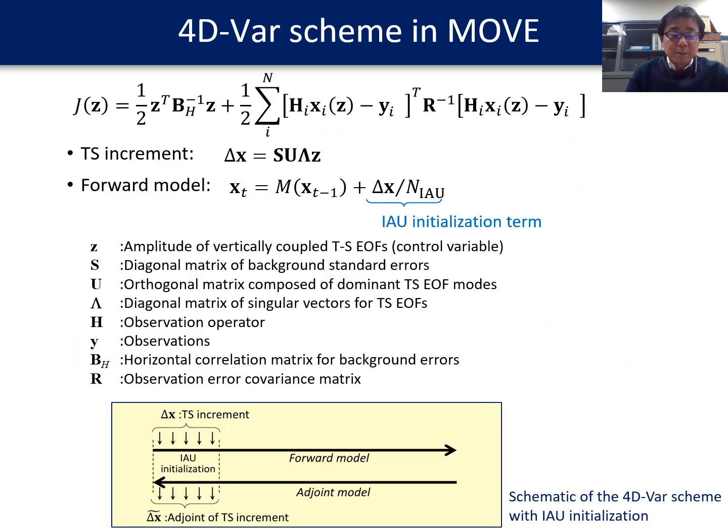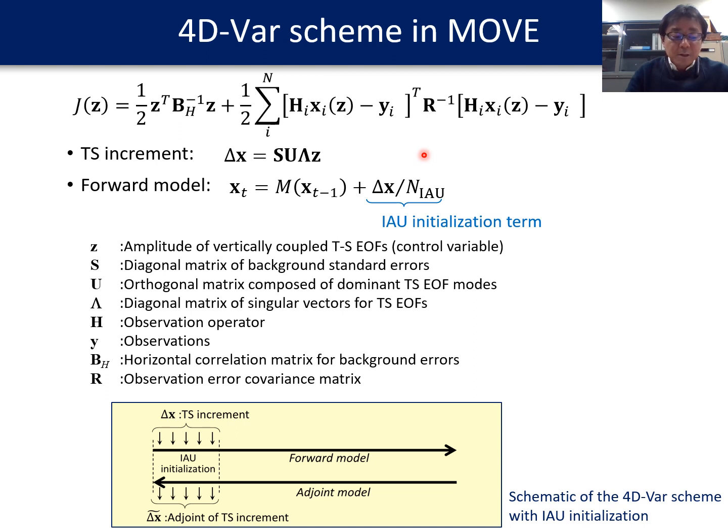So first I explain the present 4D-Var scheme in the MOVE system. This is the cost function used in the present 4D-Var. The first term represents the background term, and the second term is the observation term.